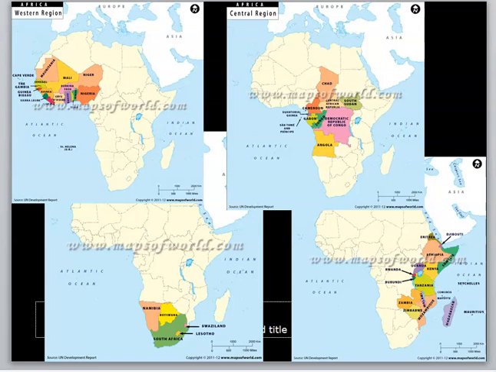Africa as a continent in terms of art and culture should also really be broken into 4 different divisions. The top 2 are going to be most important for us, and in particular the one on the top and the left, which is West Africa, is where we're going to be finding a number of works of art.